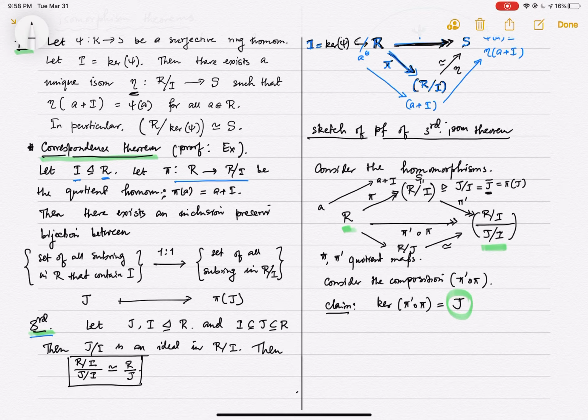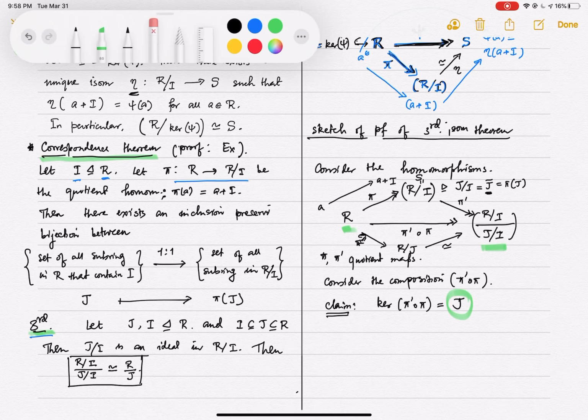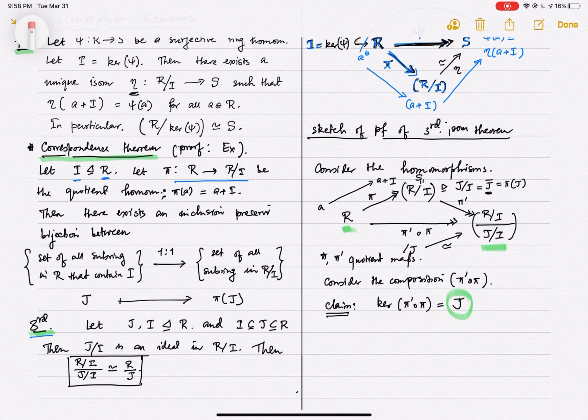And here also you have the standard quotient map. So all that I need to check is this claim. But once you have set it up like this, it's almost a tautology. You just have to unpack what these maps are.